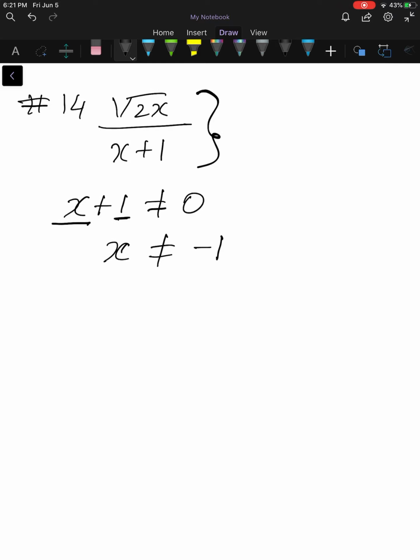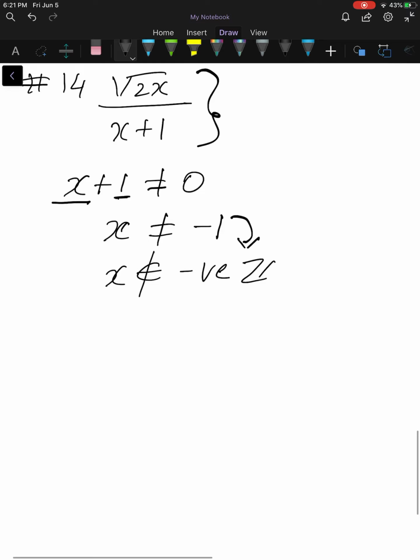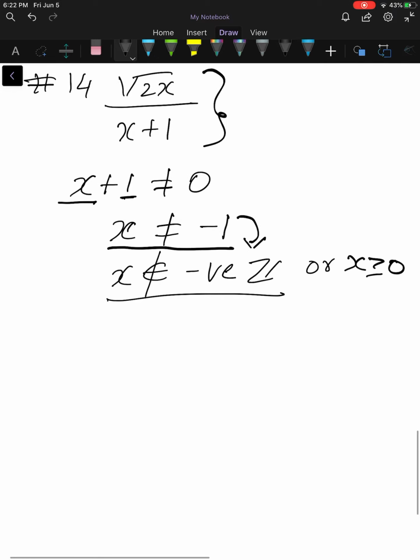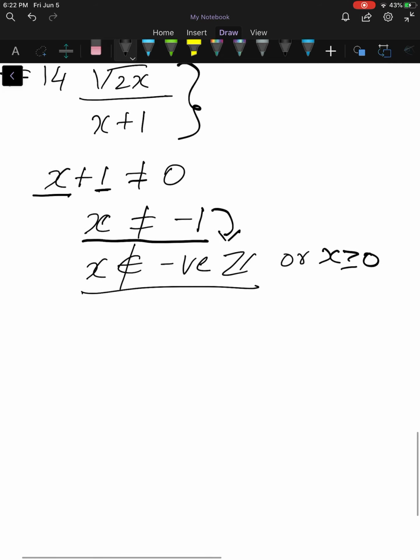And here we have a special case, that the numerator has a square root. The square root of negative numbers, as explained before, is not defined. So x cannot take negative real numbers as values. But negative 1 is already a negative number, so you need not specify that condition separately. Saying x is greater than or equal to 0 is enough.